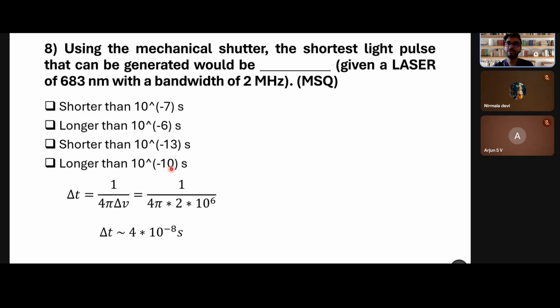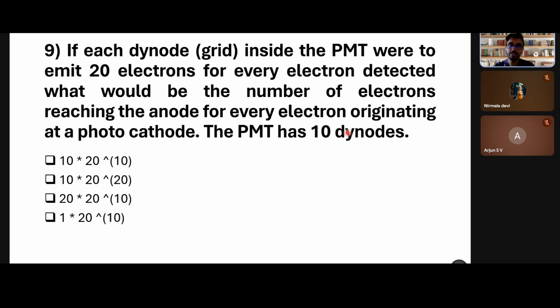So both options A and D are correct. The correct options are shorter than 10 power minus 7 seconds and longer than 10 power minus 10 seconds. I'll go on to the next question.